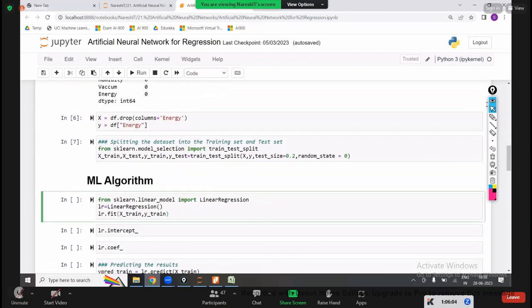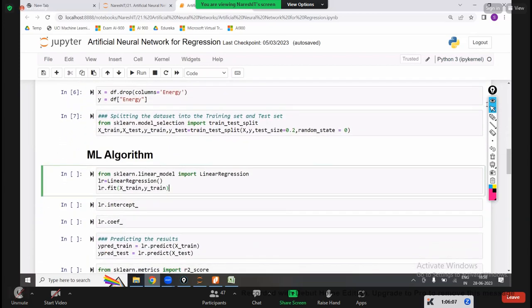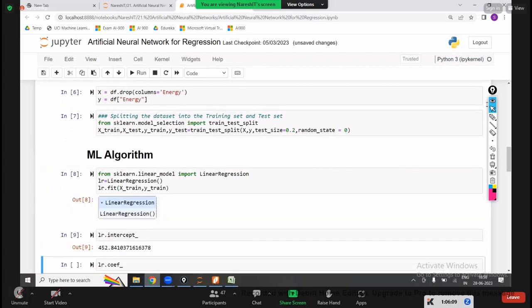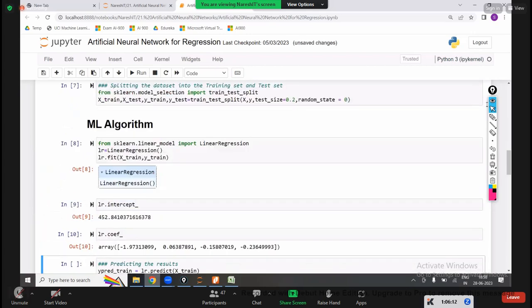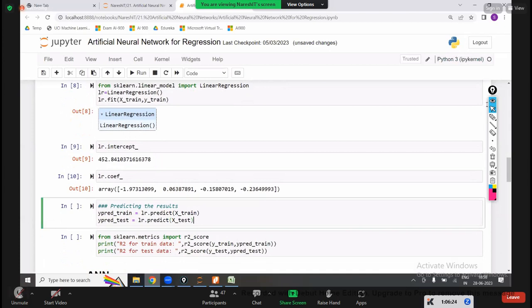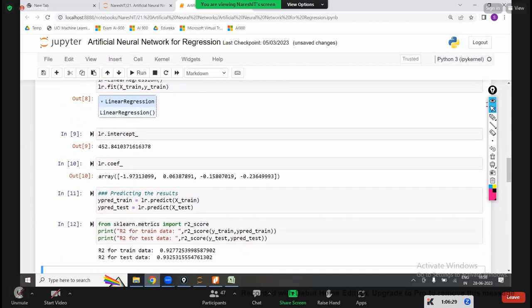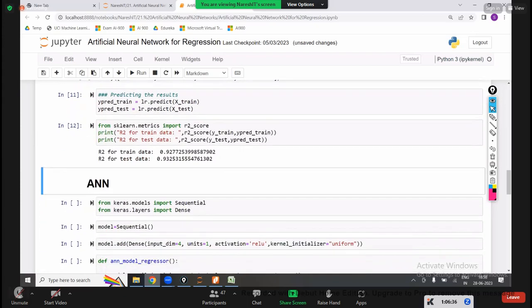Epoch means how many times it has to modify the weights. How many times are you going to check the error? First time you will check the error, then you will adjust the weights. Again you will get the error, again you will adjust the weights. Like this, how many times are you going to do it? Every time. So 100 times I'm going to check that.